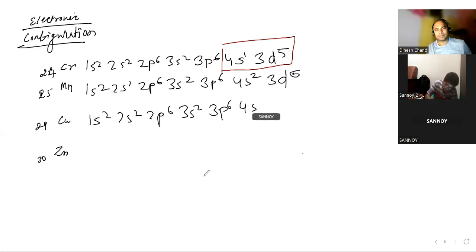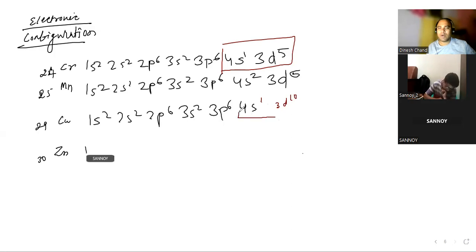But firstly this 4s2 will be there. No, dear, not 3d5. It is 4s1 and here is 3d10. Now count: 2 to 4 to 6, 10, 12, 18. 18 plus 10 is 28, and then 1 makes 29.